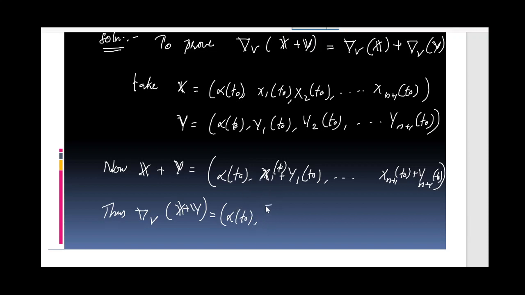Next what is coming is x1 plus y1 composition with alpha dash of t naught, plus etc. The last term should be x_(n+1) plus y_(n+1) composition with alpha dash of t naught.